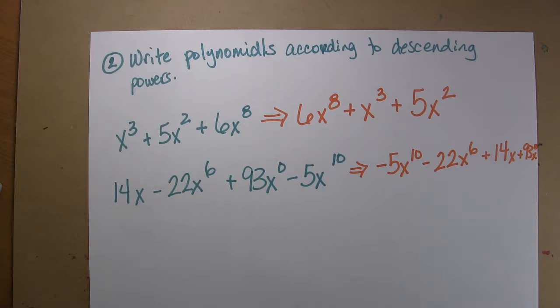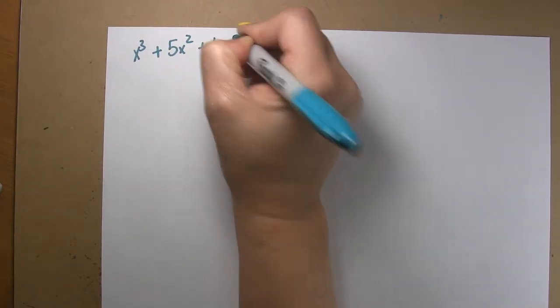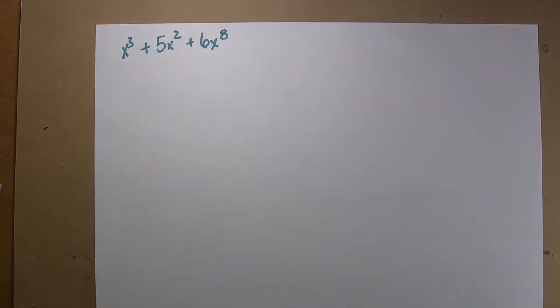Now, it does get a little trickier. Let me show you this. Because in the examples that we just did, we had x to the 3rd plus 5x squared plus 6x to the 8th. You'll notice that there's only one variable, right? But what if there are more than one variable?